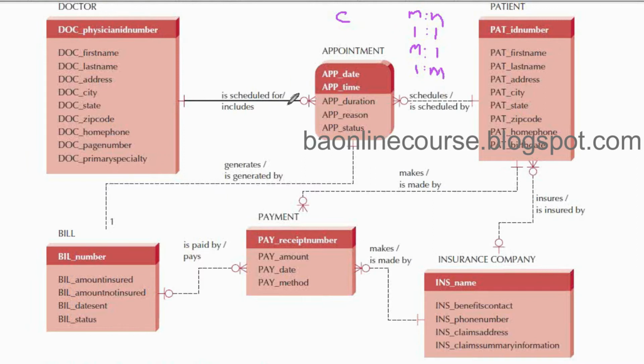Then modality basically would mean you're trying to find out the dependencies, right? So which entity is dependent on what? That is covered as part of your modality.